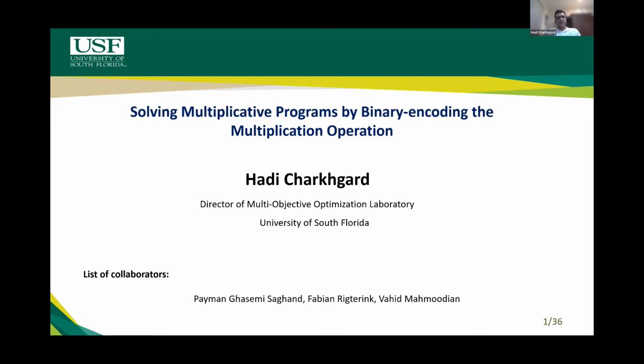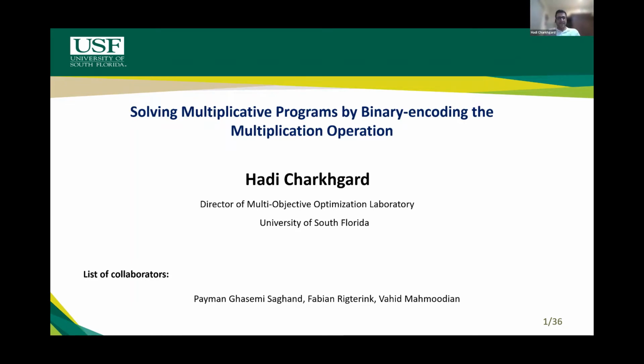One other thing I wanted to mention: although the title of this seminar series is artificial intelligence-based optimization methods, my talk will be mainly on the side of traditional optimization.